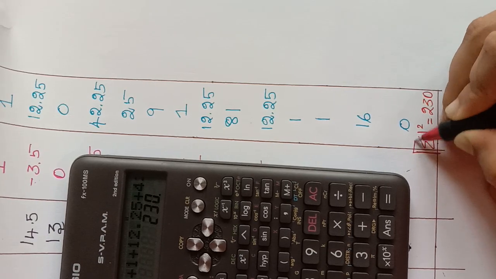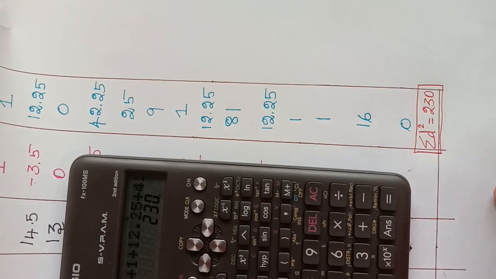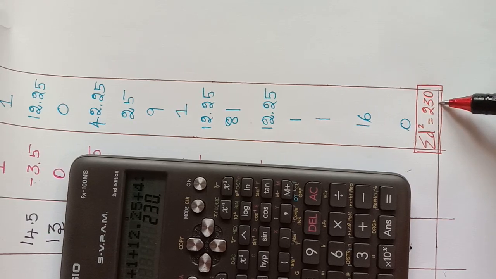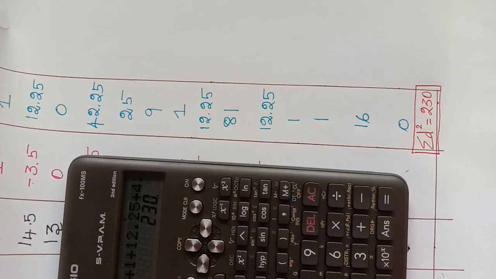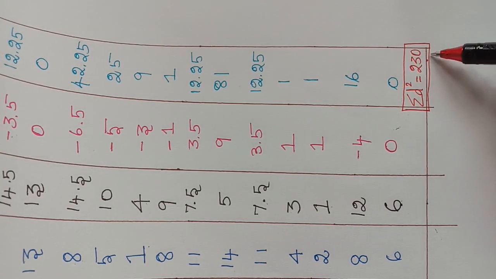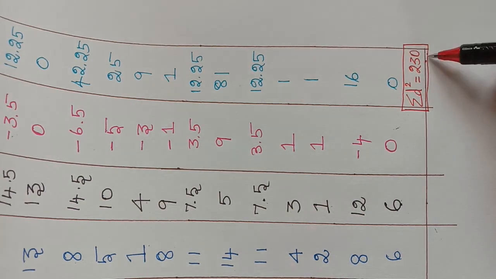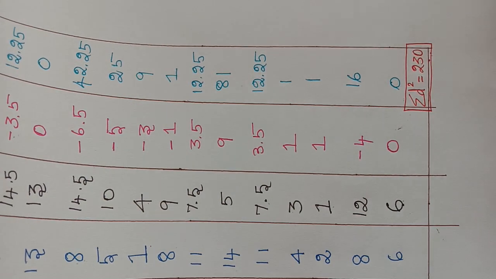Now we shall use the formula for repeated ranks and find the rank correlation. The formula for finding the rank correlation for repeated ranks is given here. I will show you now. You can flip the phone and you can see, because I am changing the position.